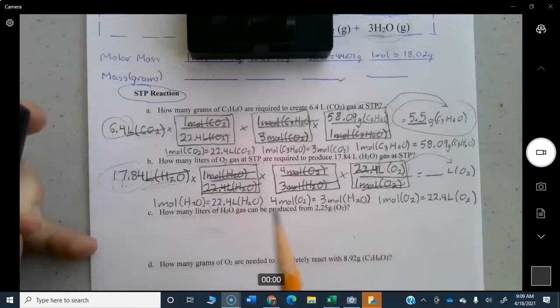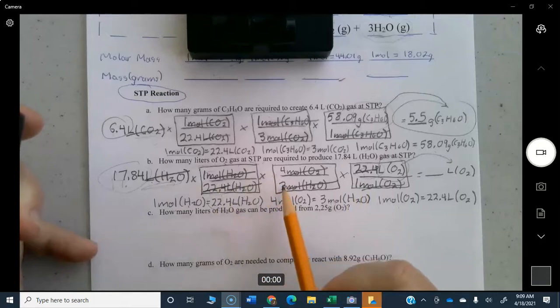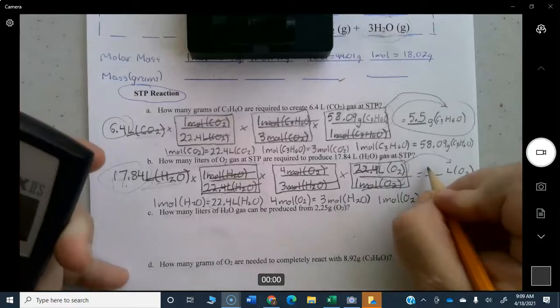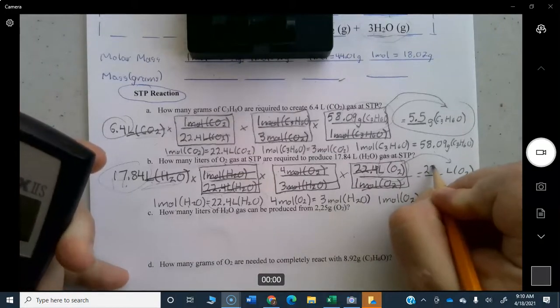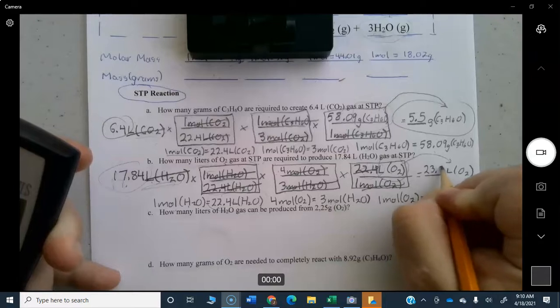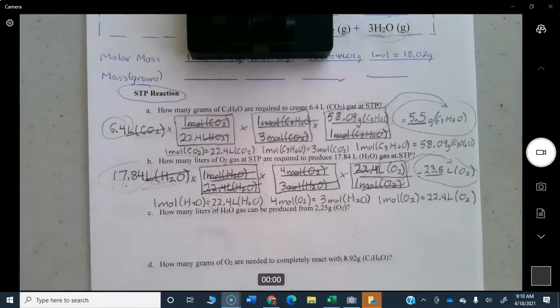Even though you canceled them, they still are part of the significant figures. They still limit your significant figures. And these single digit for moles do not limit significant figures. Just remember that, okay? So that means you're going to have 23.8 liters, okay? And that's the 3 significant figures there.